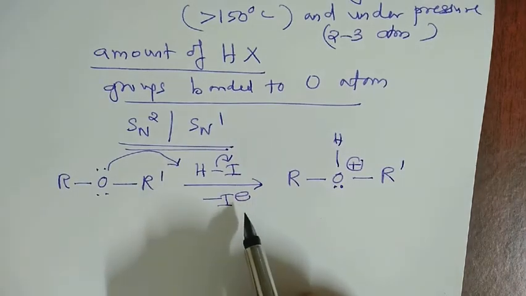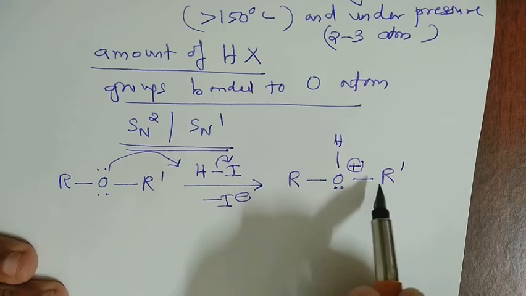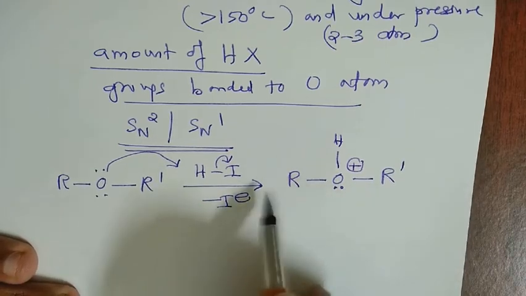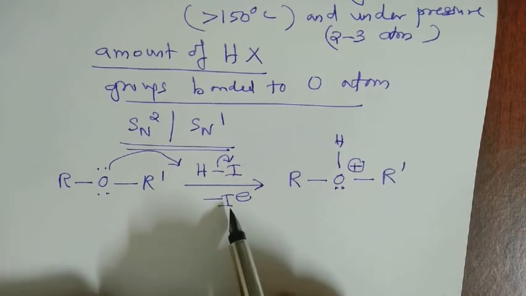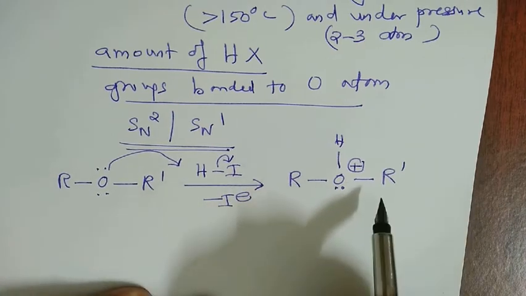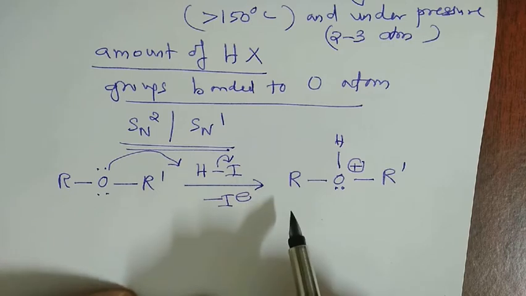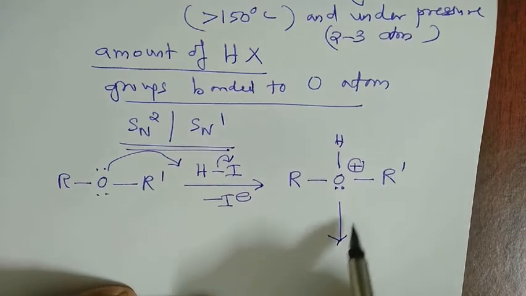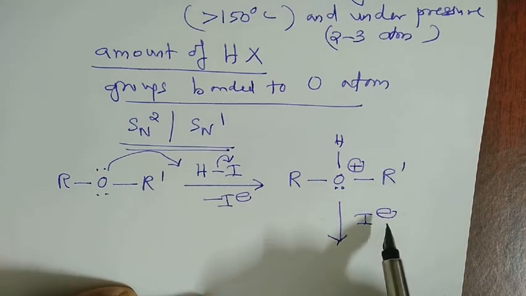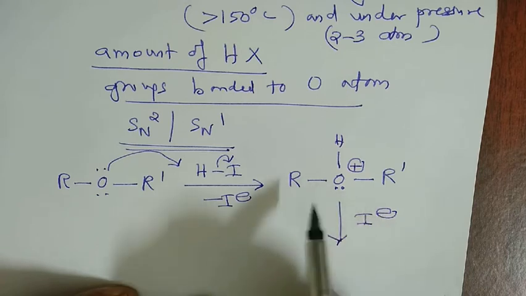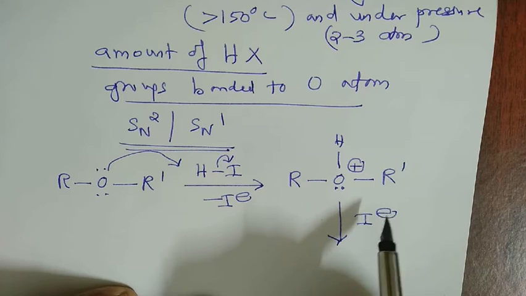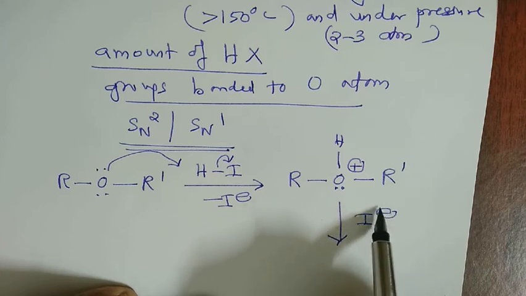If R and R' are methyl groups or primary alkyl groups, the cleavage follows the SN2 mechanism. The bulky iodide ion, which is the nucleophile, approaches the least hindered carbon atom, that is, the smallest alkyl group.